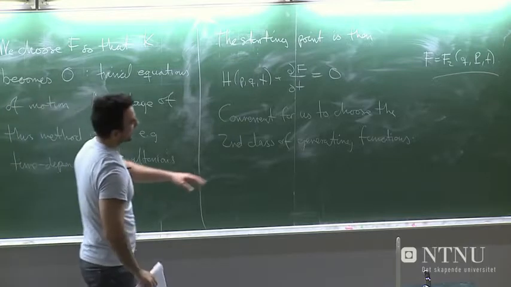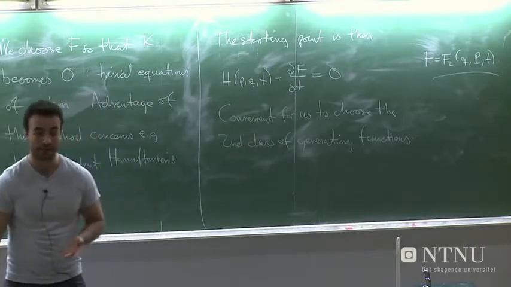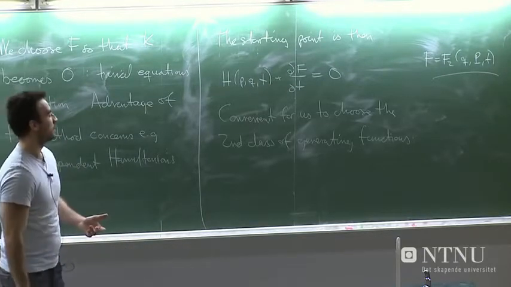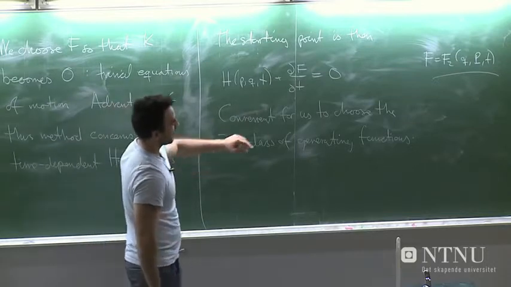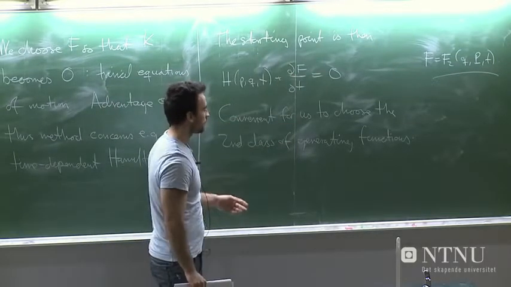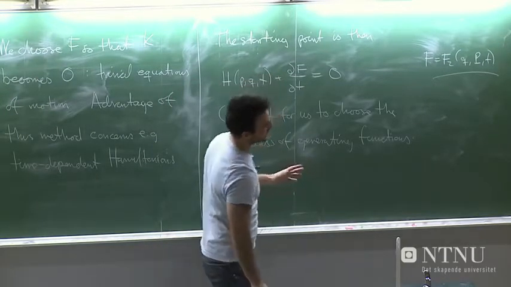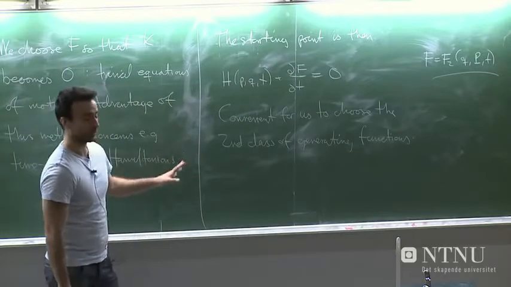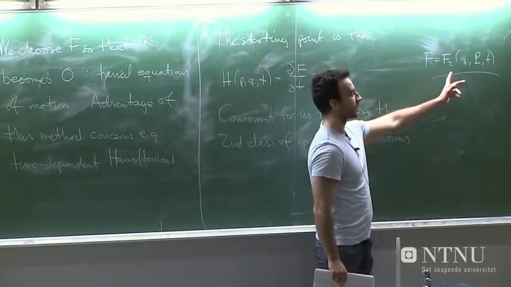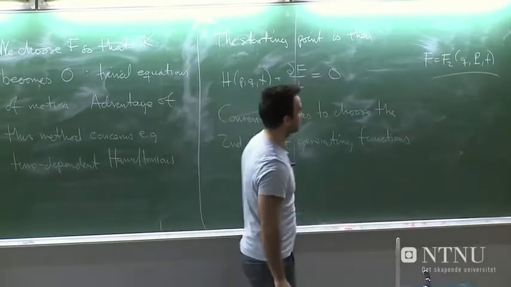As a reminder, we can recall that there are in general 4 generating functions because they need to depend on one old and one new variable. And it's also the generating function itself that enters here. For reasons that will become clear in a little while, it's convenient for our purposes to choose the second class, in which case the generating function depends on the original coordinates and the new canonical momentum.